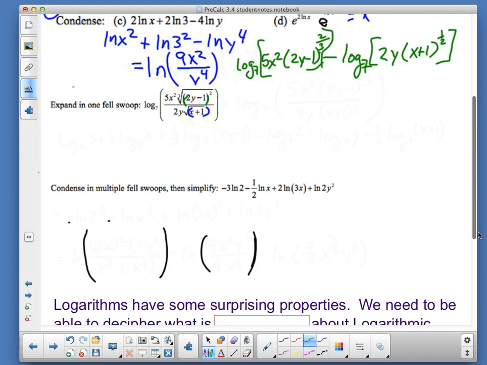So I'm going to stay on the front, and keep in mind I've got the log base 7 of 5 plus the log base 7 of x squared, and plus the log base 7 of the quantity 2y minus 1 to the third power. I haven't broken those powers to the front yet, right?